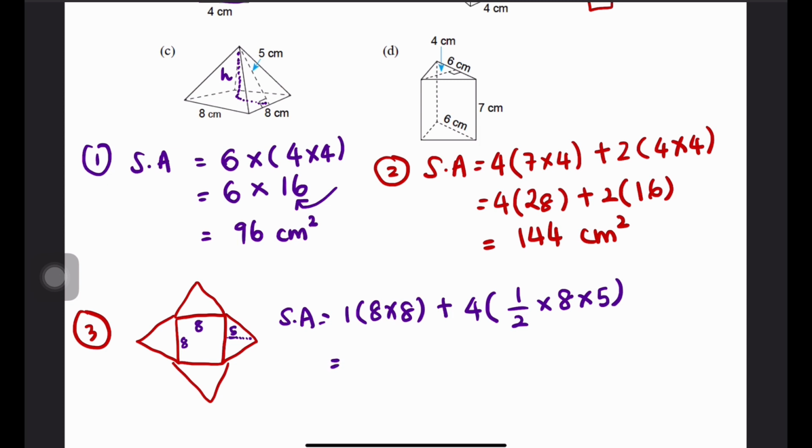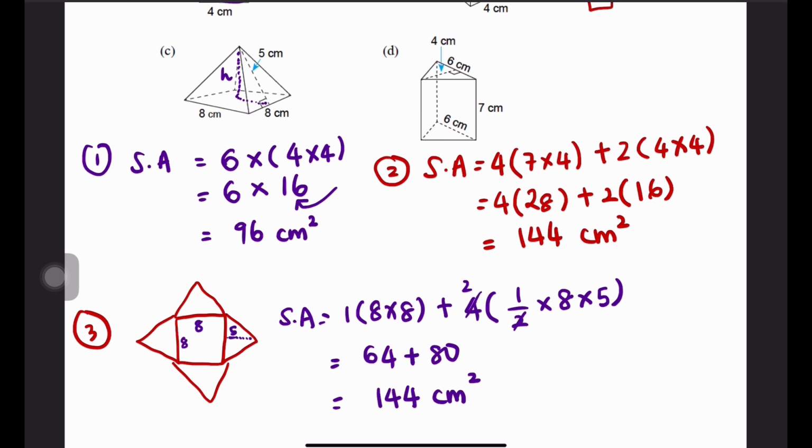So 8 times 8 is 64 plus, this one we can simplify to 2, so 8 times 5 times 2 is 80. So you add up, so you will get 144 centimeter square.